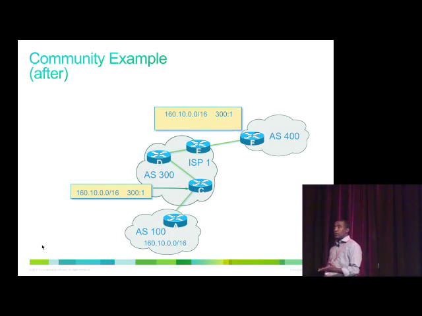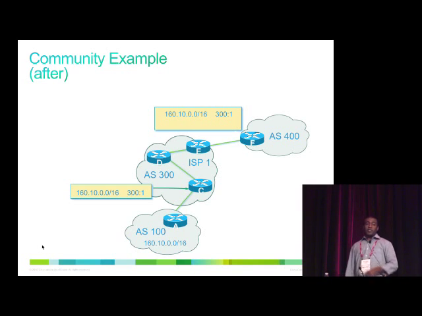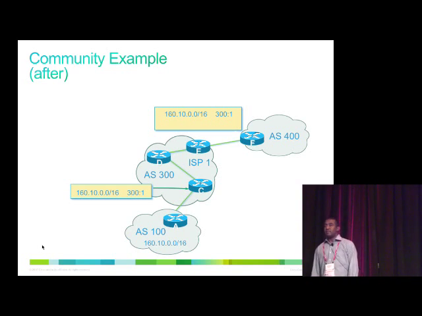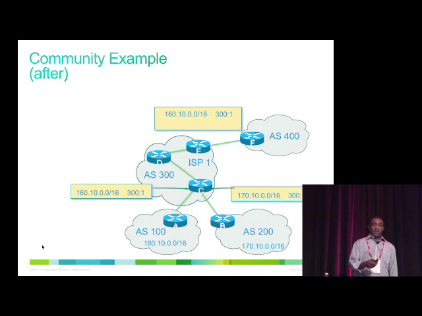Now with a community, whenever you receive a route, you associate a community with it. In this case, 300:1. And you will have a configuration on ISP1 that says any prefix with the community 300:1 is allowed to go out on this peer. Now, when you have another customer coming in, you just set the community.